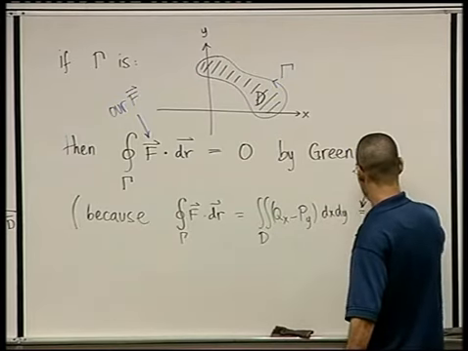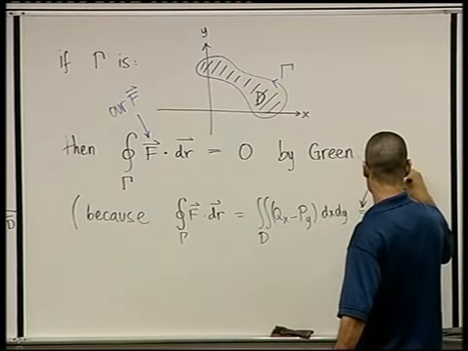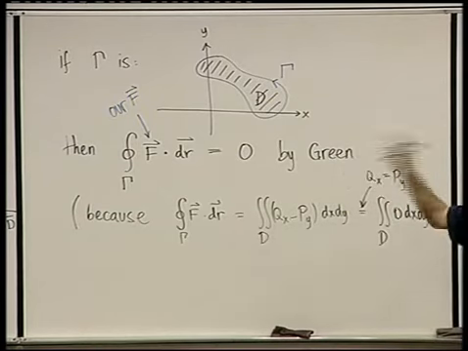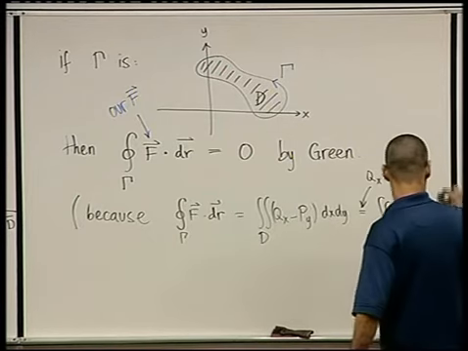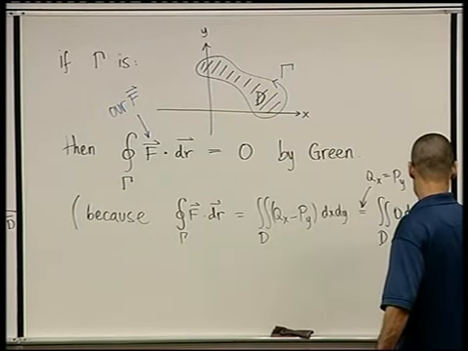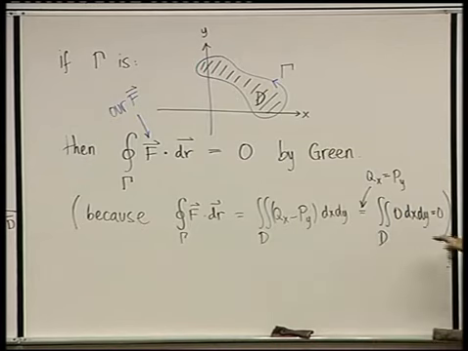This is because Qx equals Py for this specific f, and therefore this is 0. Clear, everybody?